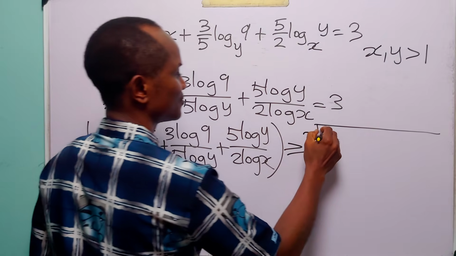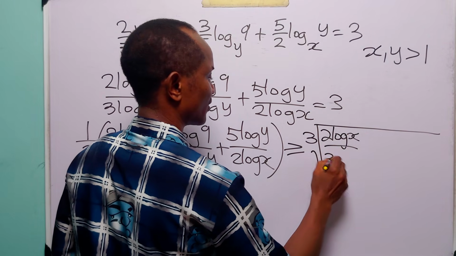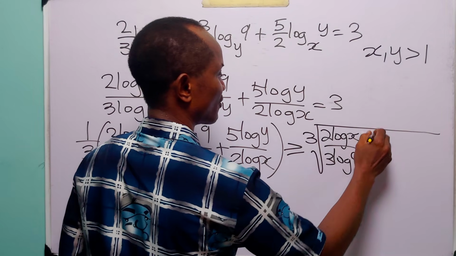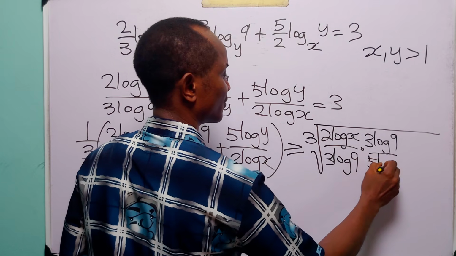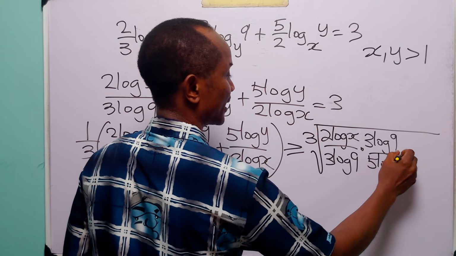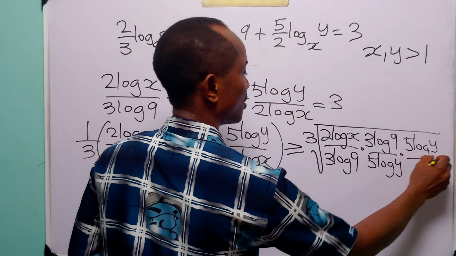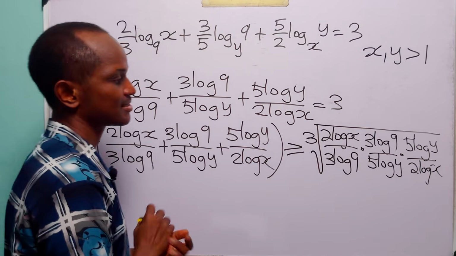So we have 2 log x over 3 log 9 multiplied by 3 log 9 over 5 log y multiplied by 5 log y over 2 log x.